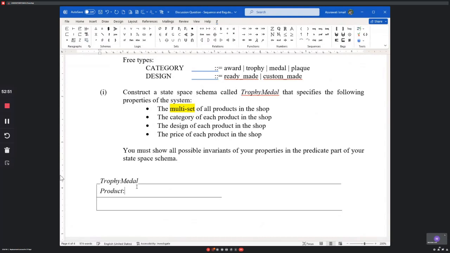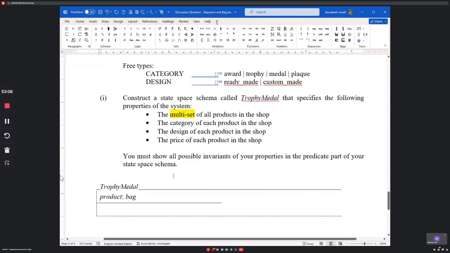You can use another variable because this question doesn't state what variable name to use, so you can put your own variable. You can put medal also, no problem. So let's say bag of product.